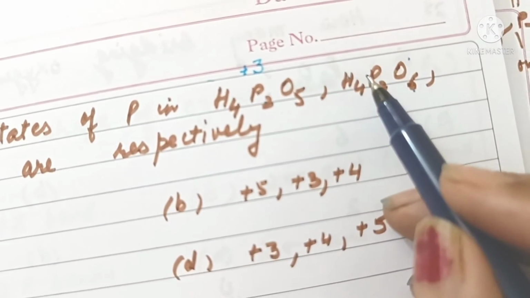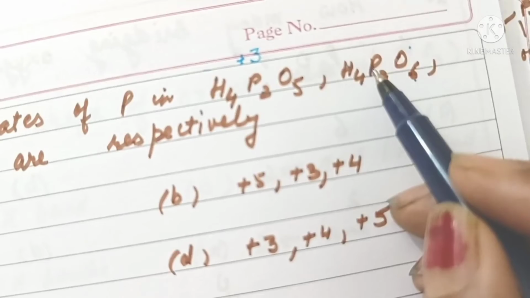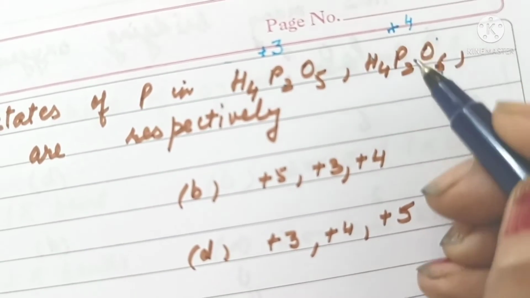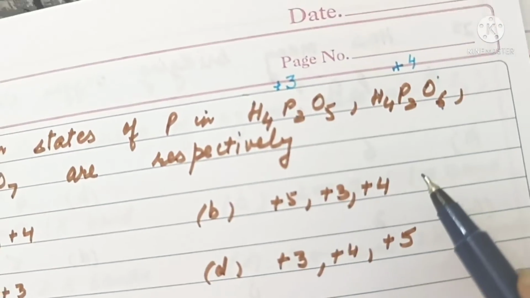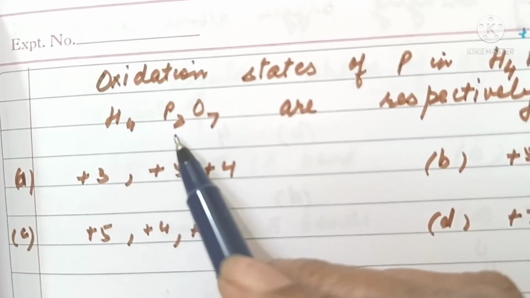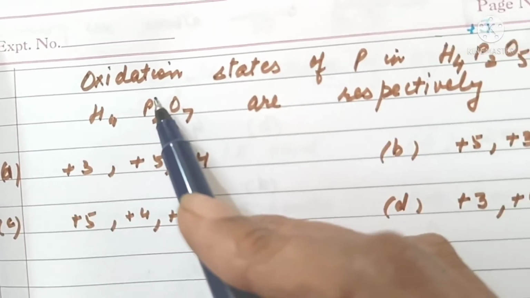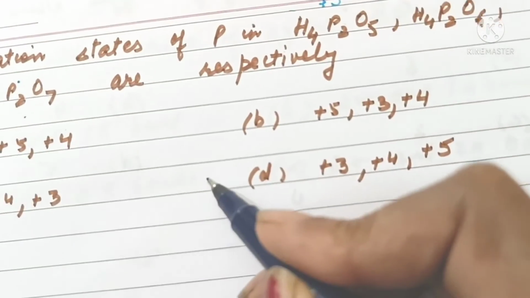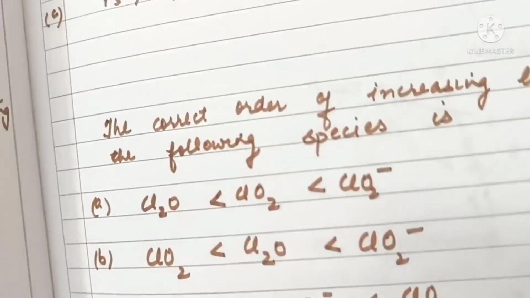This is +4. So -8 divided by 2. This is +4. In this case it's 14 divided by 2. We get 5. So it should be +3, +4 and +5. Option D is the correct answer.